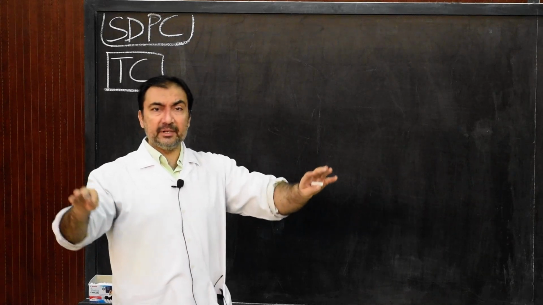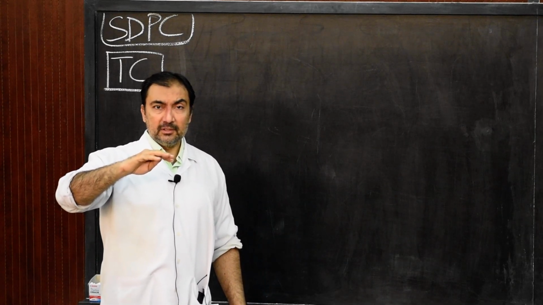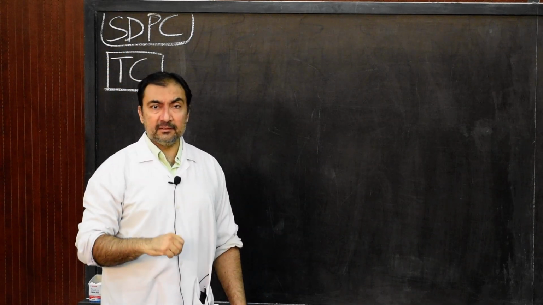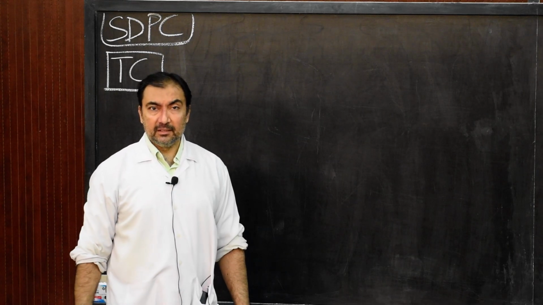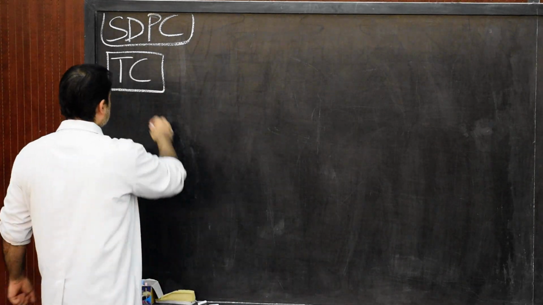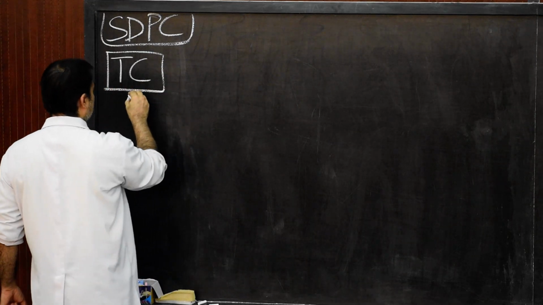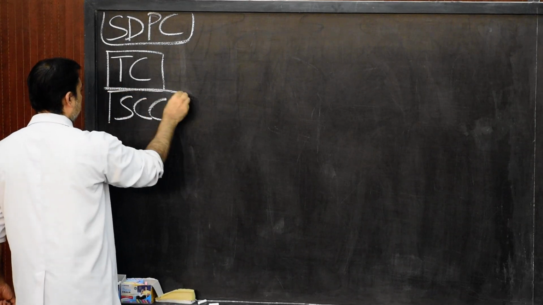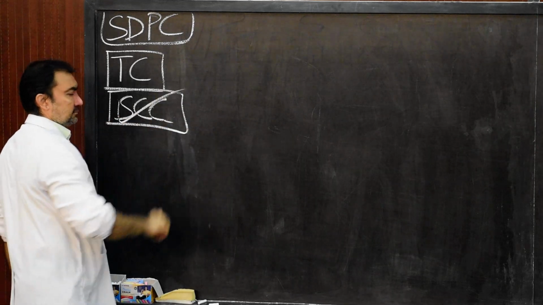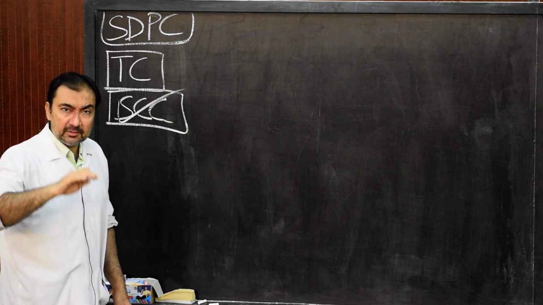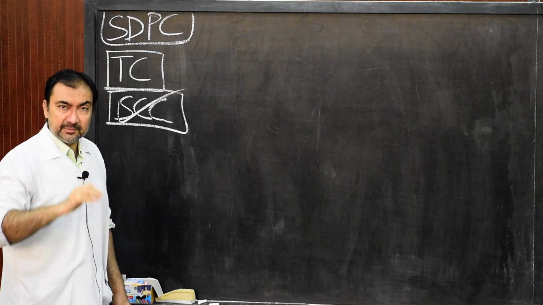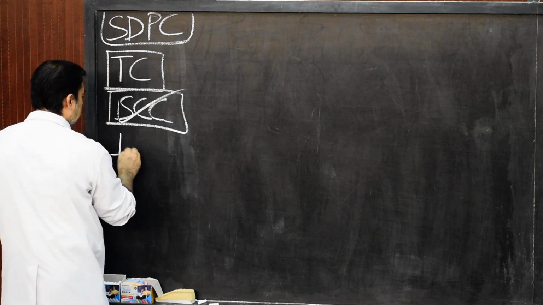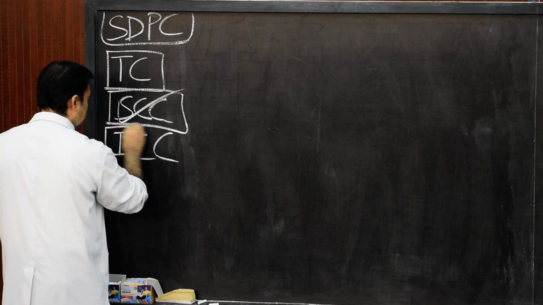It will divide the entire peritoneal cavity into the part which is lying above that level and the part which is lying below that level. The part which is lying above the transverse colon and transverse mesocolon will be known as the supracolic compartment. And the part which lies below that level will be known as the infracolic compartment.